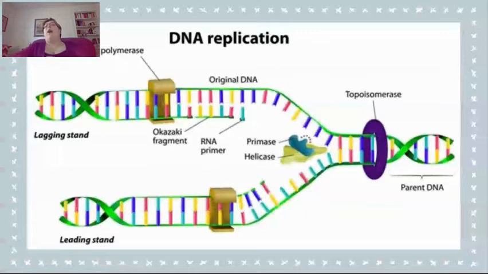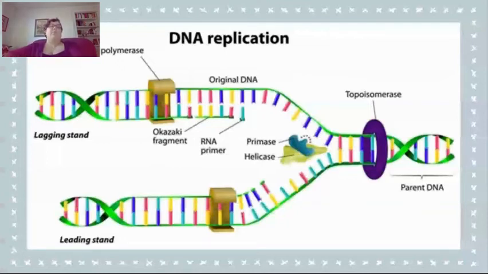There's some other details to this. Like you'll notice in this diagram that we have a leading strand and a lagging strand. And what that relates to is that DNA polymerase only works in one direction. Meaning, remember we talked about the fact that the sides of the ladder are made from this sugar phosphate pattern?